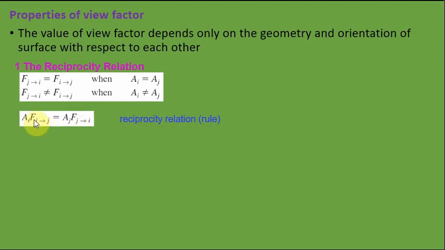This will be equal. So this is called the reciprocity relation or reciprocity rule. If the areas are equal, then we can write Fji is equal to Fij. But if the areas are not equal, we cannot write this relation. Instead of that, we have to use this relation.